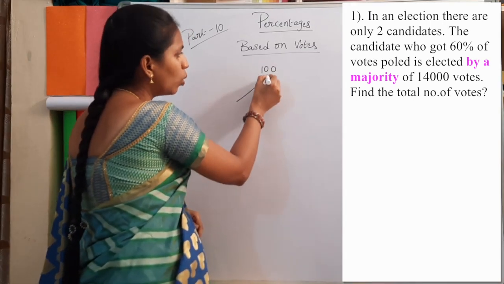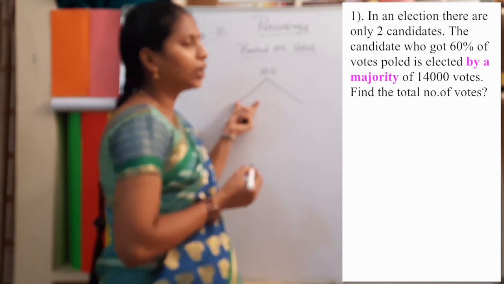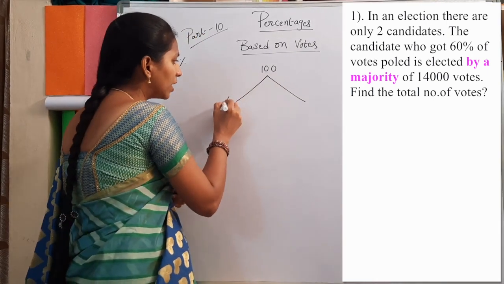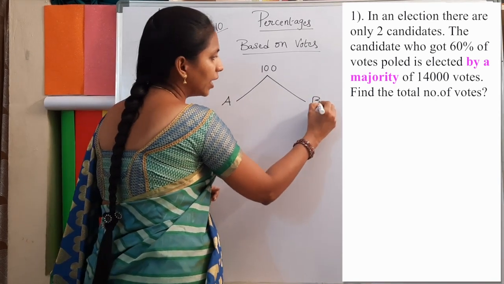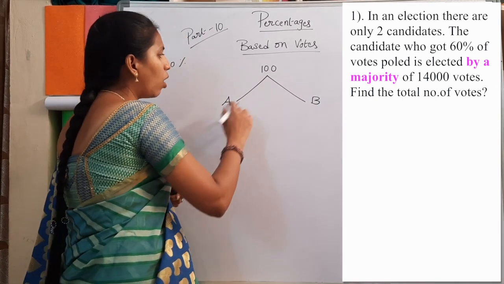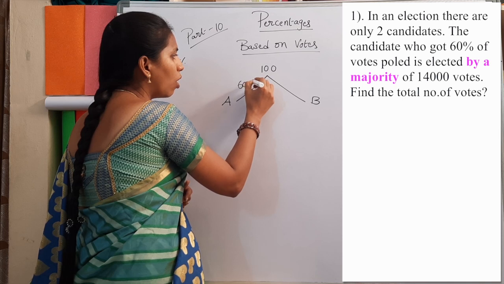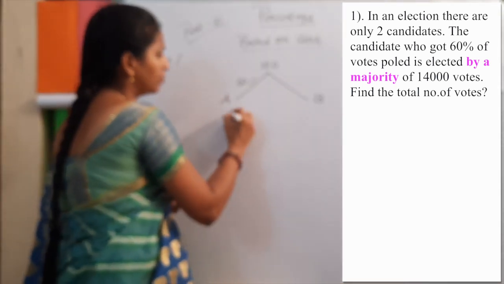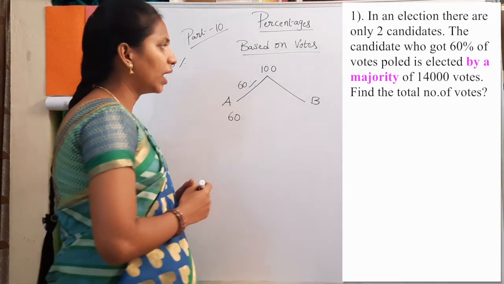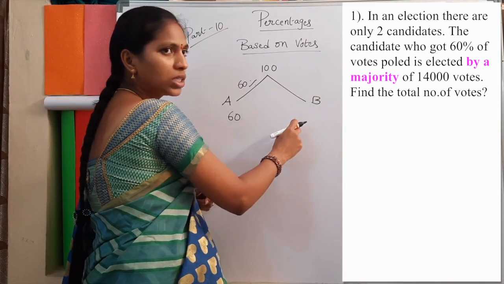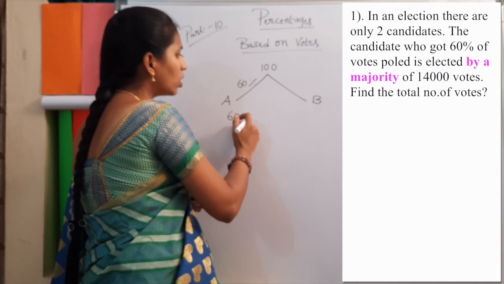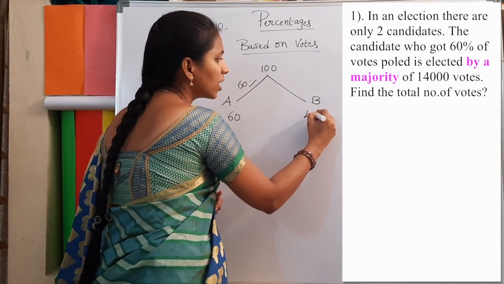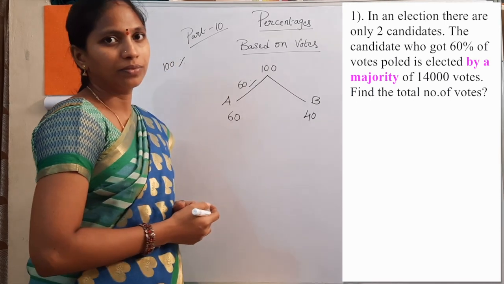In these 100 votes, the first candidate got 60% of votes. Suppose here candidate A and here candidate B. A got 60% of this 100. What is the value? 60. B got how many votes? Remaining votes. 60 votes are for A and the remaining 40 votes are for B.